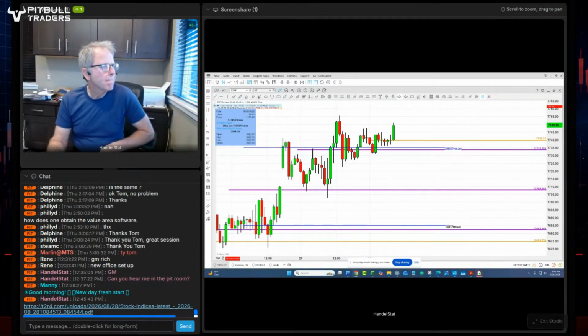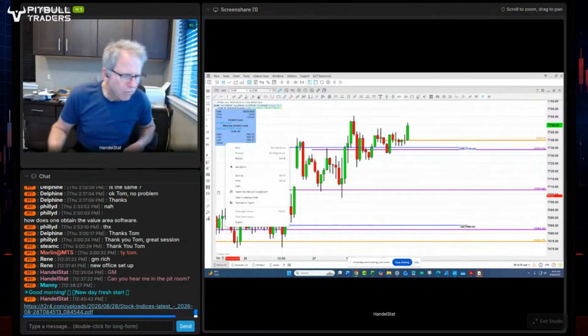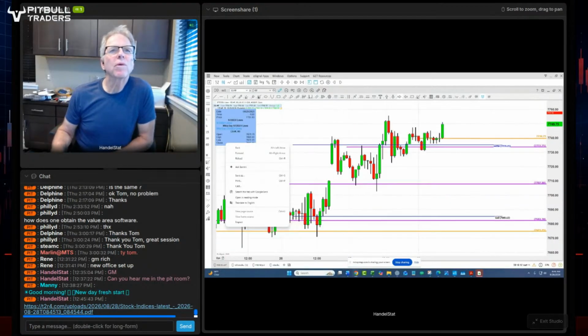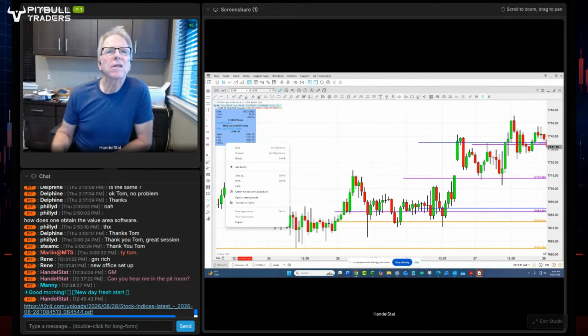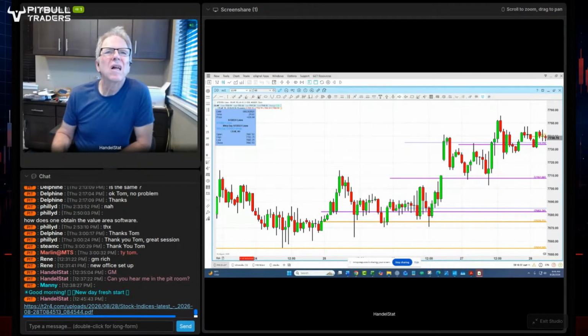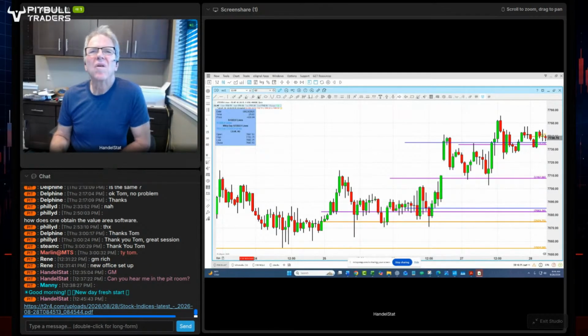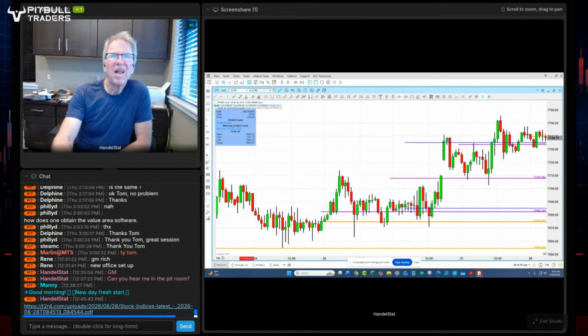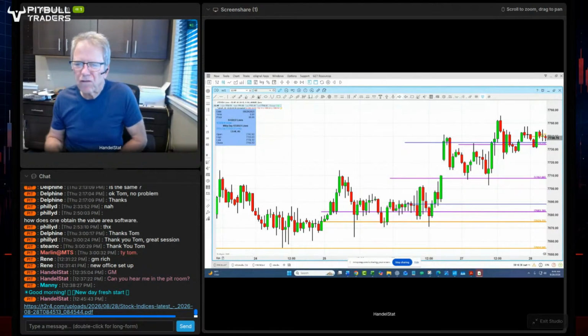13. 11.6. 1.6. Edit chart. Backspace. 1.6.